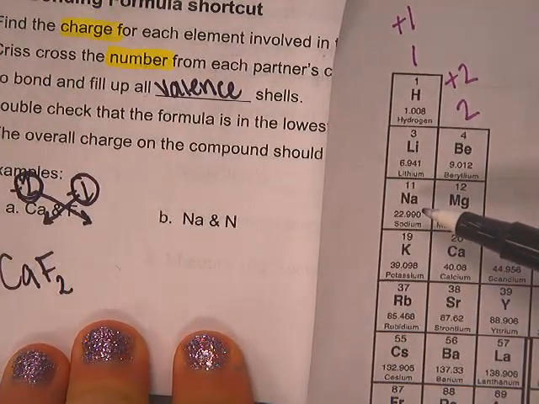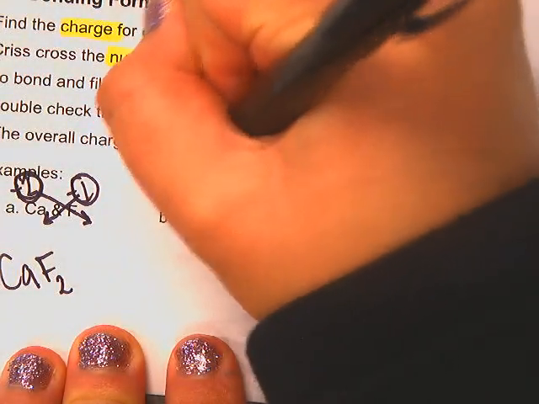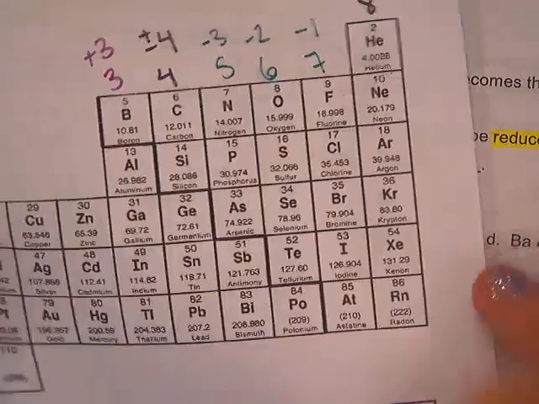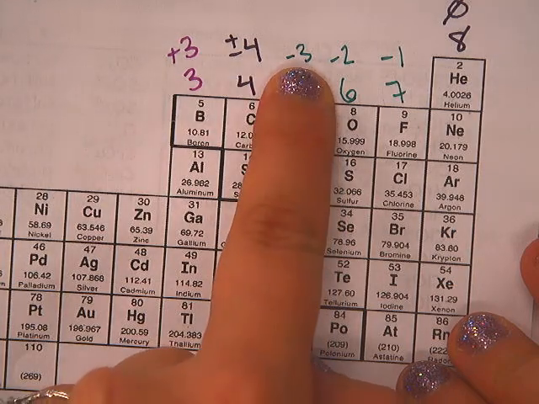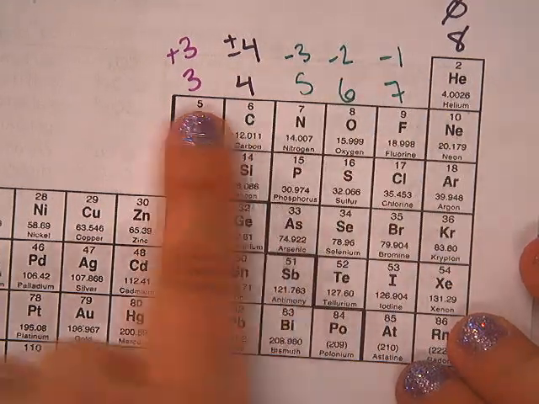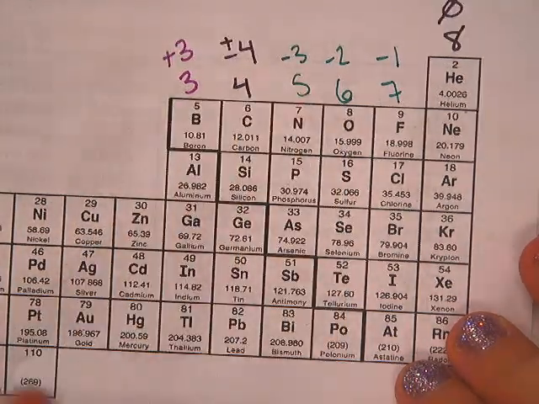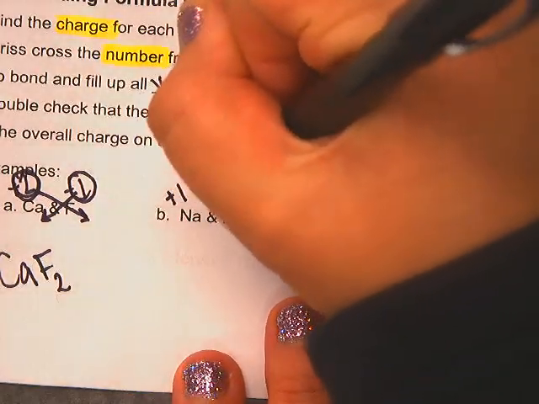So right here, what is sodium's oxidation number? +1. So the positive tells you that it would come first. And then nitrogen's oxidation number, -3. So notice on this side, it really matters which number you use. On the cations, it doesn't make a difference since they're the same number. But here, if you used a 5 versus a 3, it would give you a different subscript.